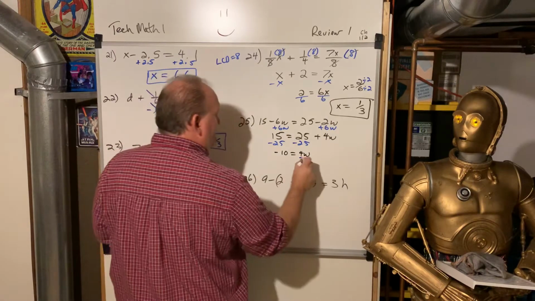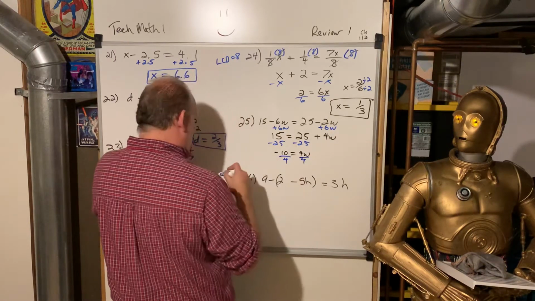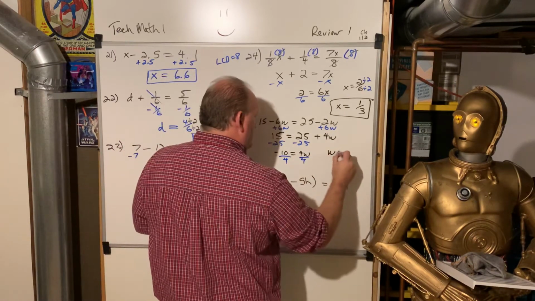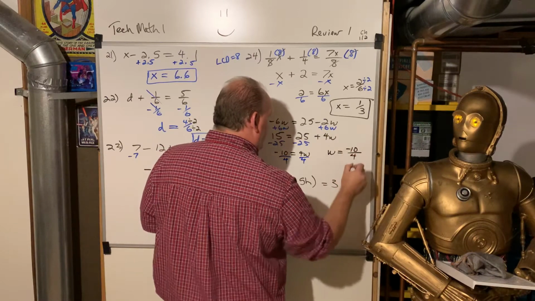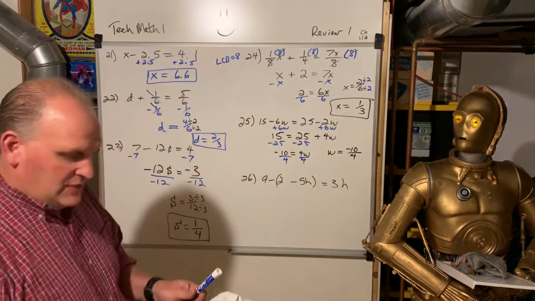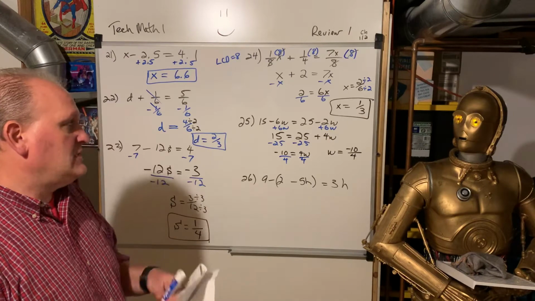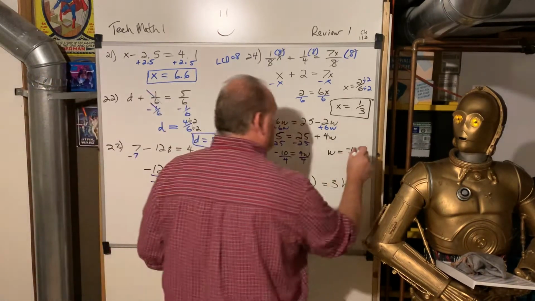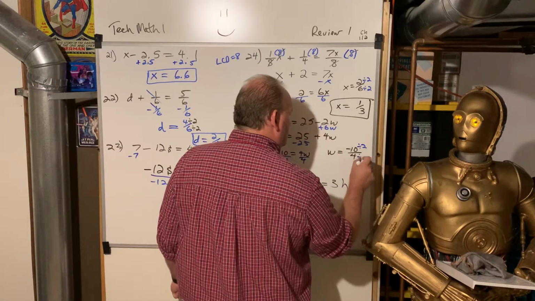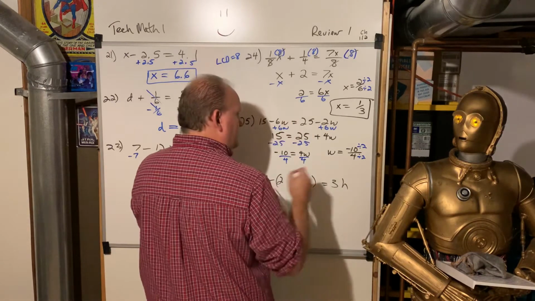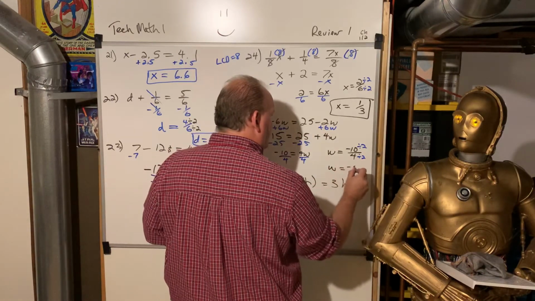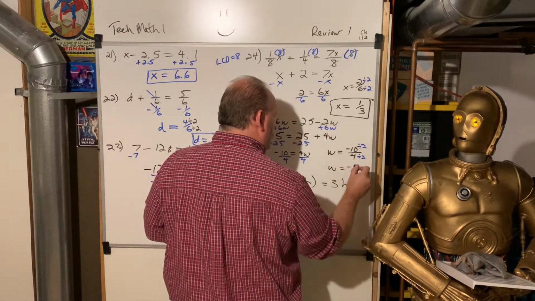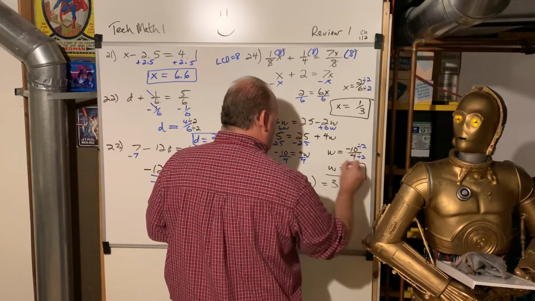And then divide by 4. And then w is equal to -10/4, which I can reduce. What does that reduce down to? I divide top and bottom by 2. So we're talking about w is equal to -5/2.